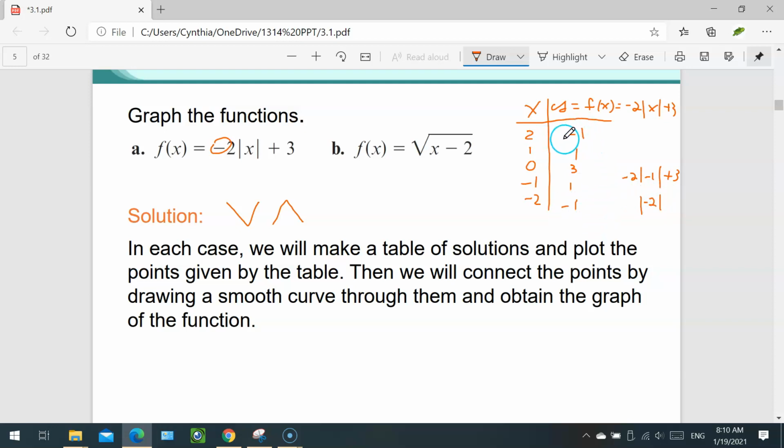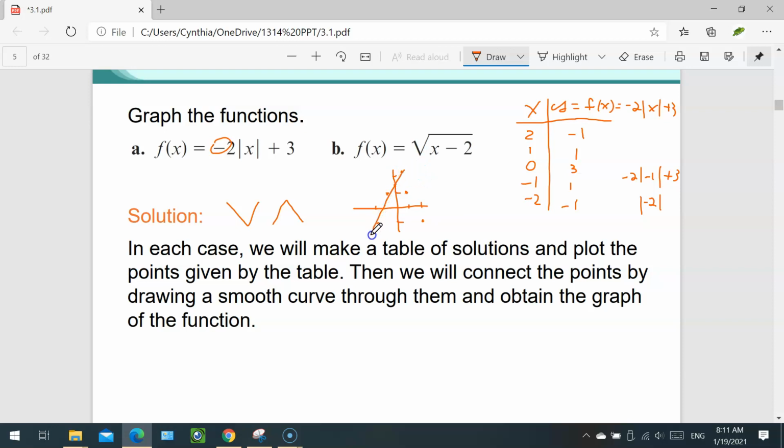Now we can simply plot these 5 pairs of points in the xy plane, and we can sketch the graph. So I have (2, -1), (1, 1), (0, 3), (-1, 1), and (-2, -1).